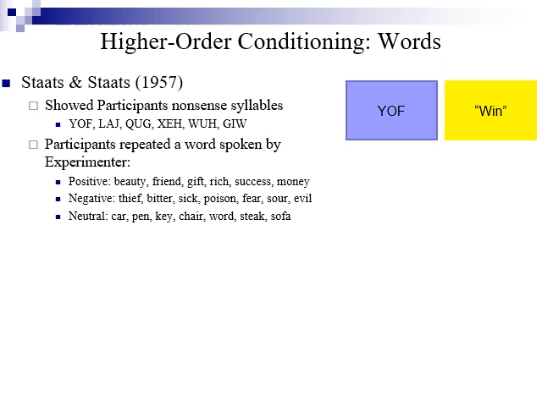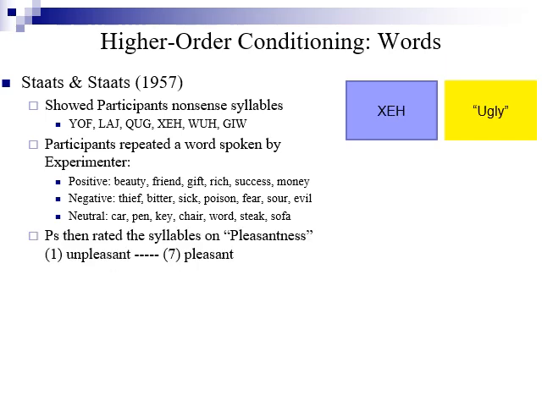The next time, they would hear the word success, etc. When XEH came up, they would hear the word ugly one time, and the next time it came up, they'd hear the word bitter, etc. So they weren't trying to teach the subjects that XEH means ugly. They were just pairing XEH with negative emotional words.